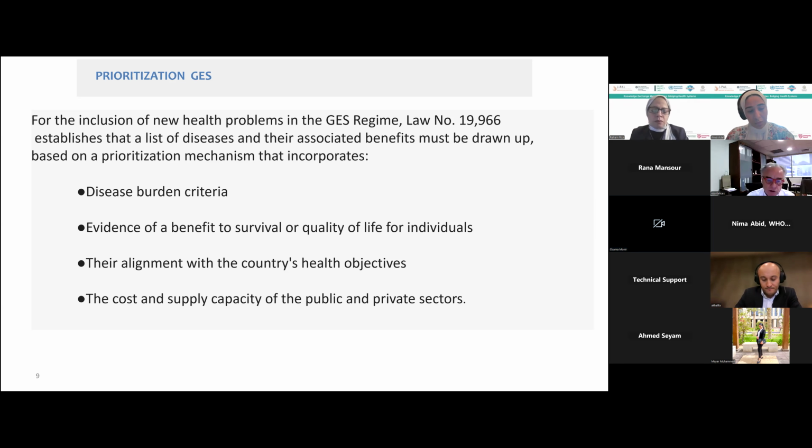And the criteria we use to establish what kind of disease you include in the package are: first, disease burden; second, evidence of the benefits to survival and quality of life; third, alignment with the country's health objectives; and fourth, the relation with the cost and supplier capacity of the public and private sector.